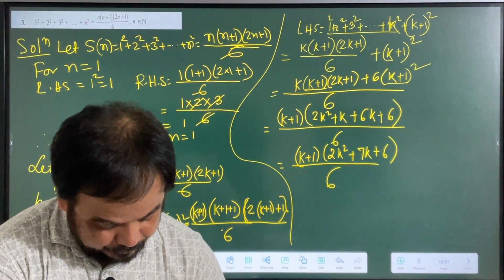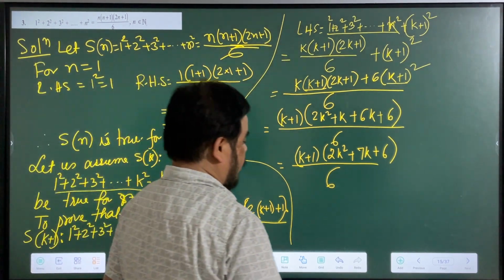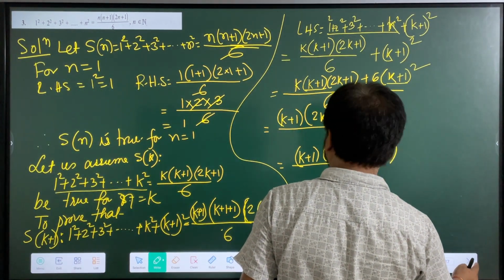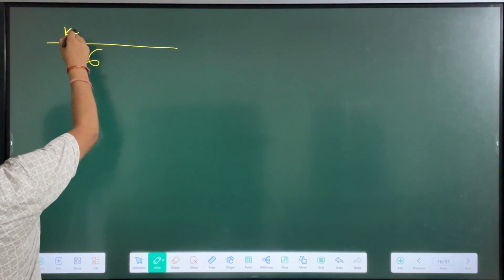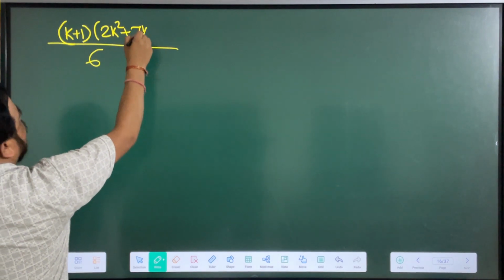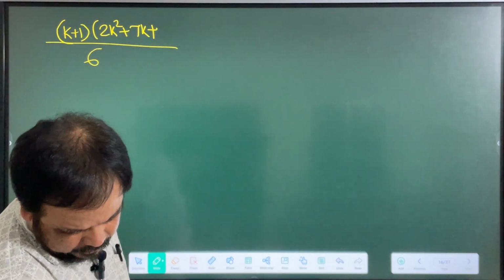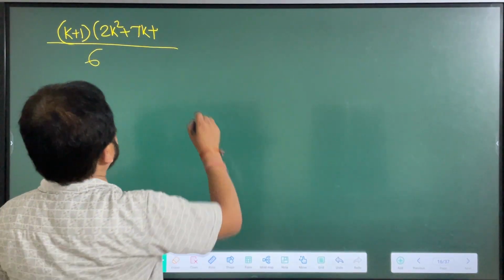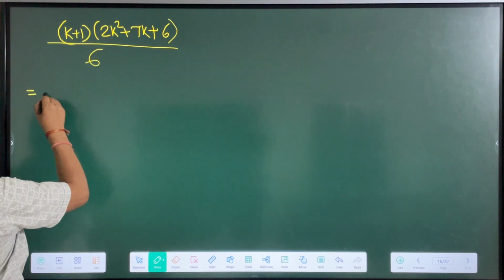Middle term factorization. And all of you know middle term factorization. Let us go to next page. k plus 1 into 2k square plus 7k plus 6. This one we will do by middle term factorization.